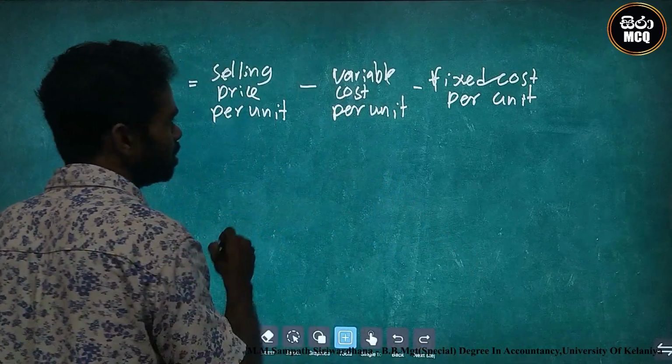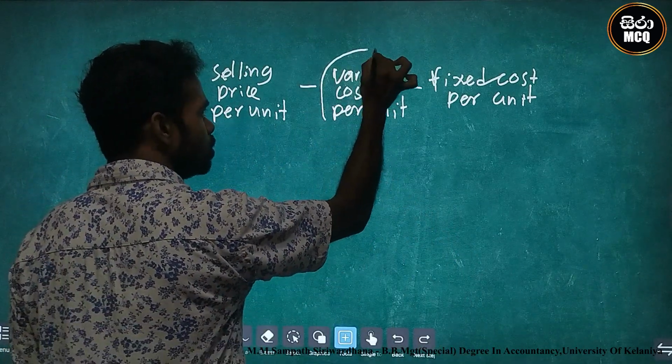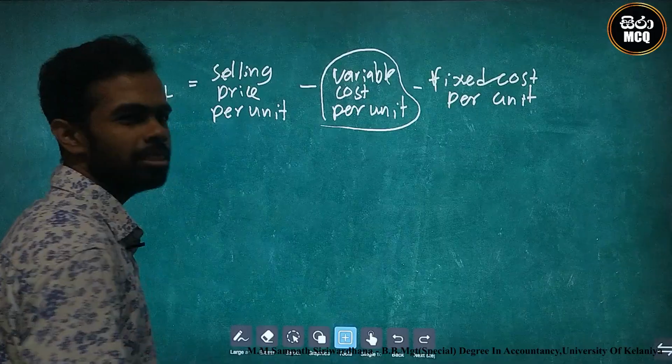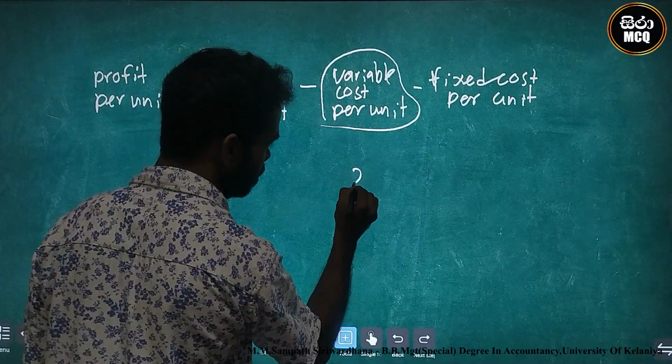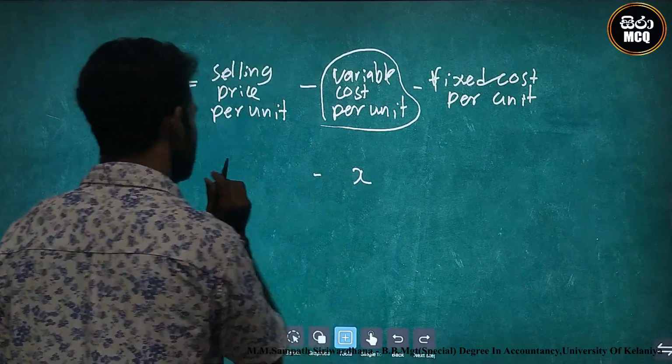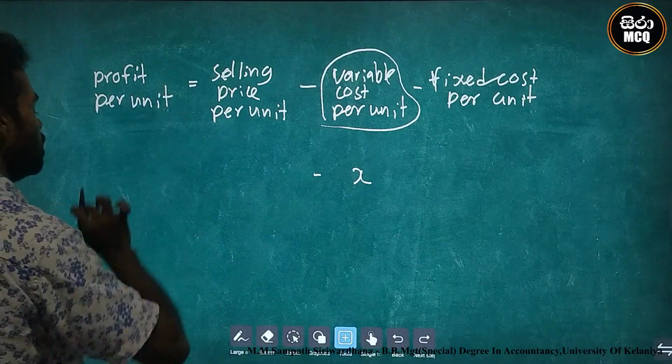What is our requirement? Variable cost per unit. This is our requirement, so I use X. We can find all this.